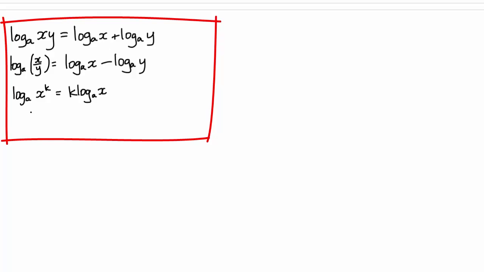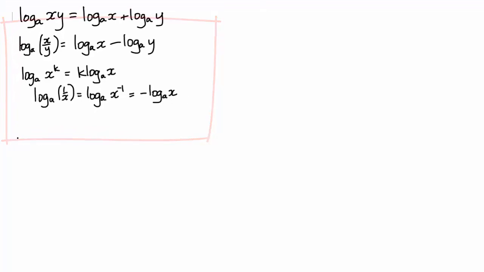And this one leads to a particular result, that the log of 1 over x, if we rewrite that as x to the minus 1, then the minus 1 becomes a multiplier, and so the log to the base a of 1 over x equals minus log to the base a of x. Those are the laws that we can use to simplify certain things. So let's have a look at some examples.